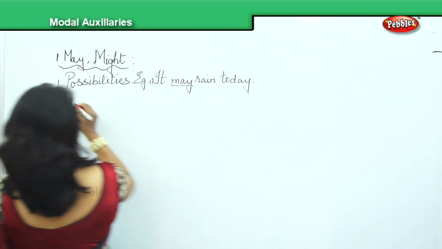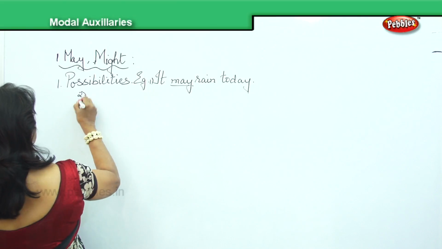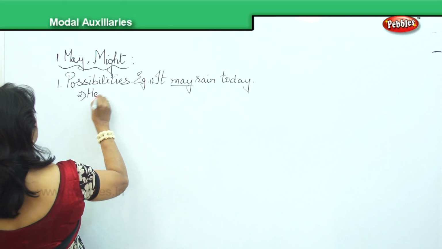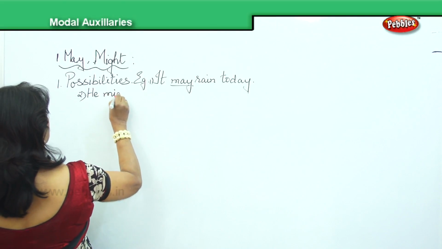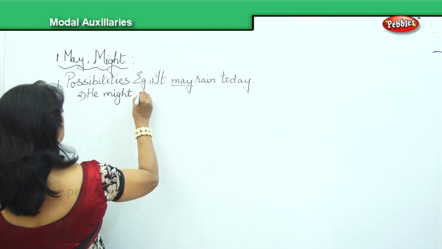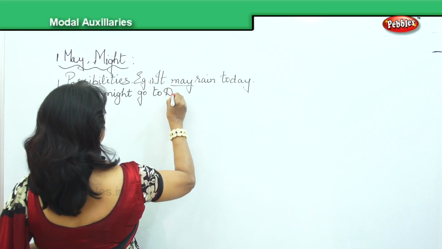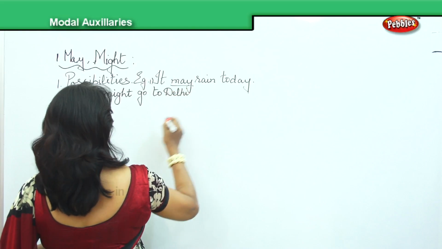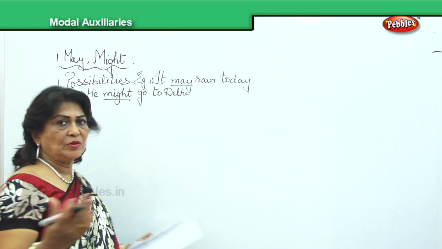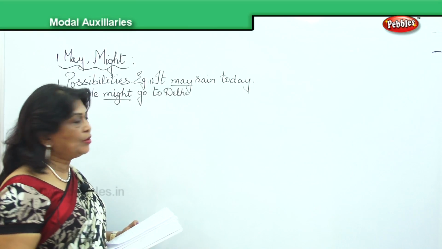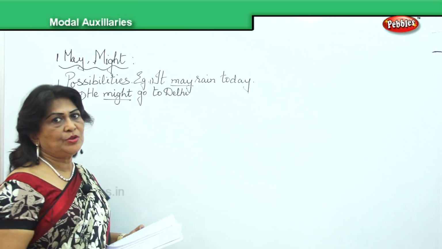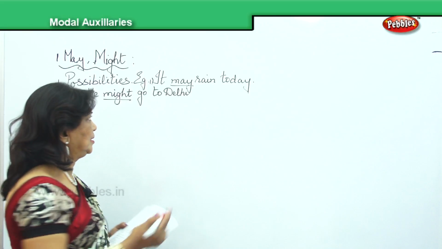Second one, he might go to Delhi. Here, instead of might, you can also use may. He may go to Delhi, he might go to Delhi. It's a possibility.